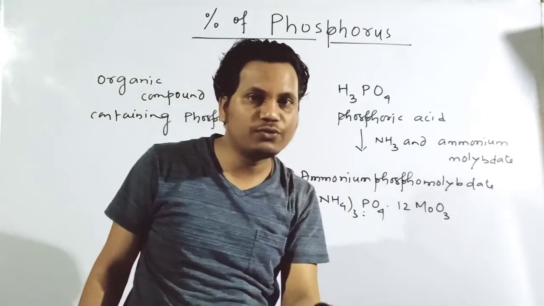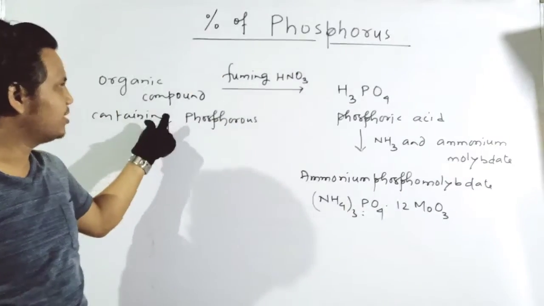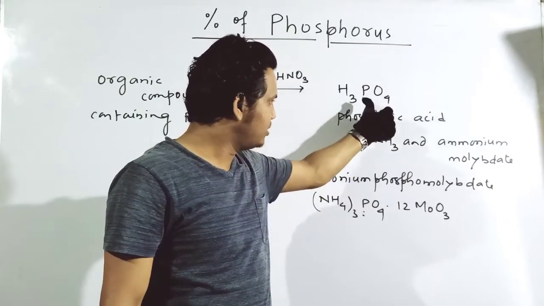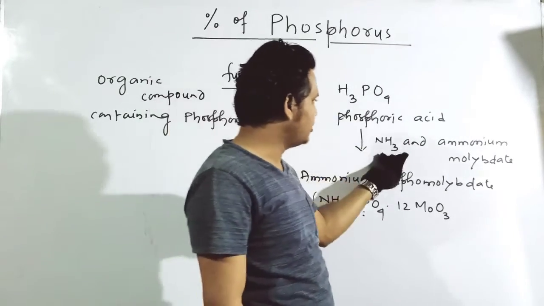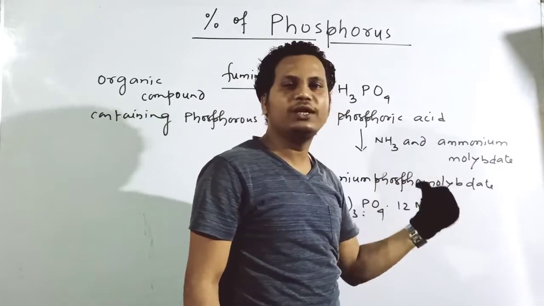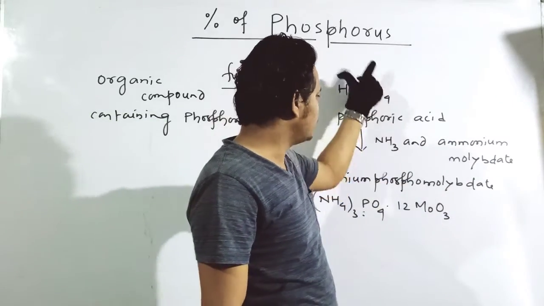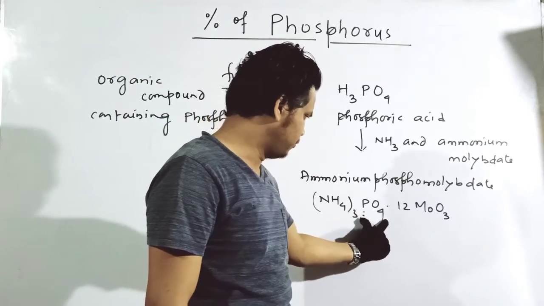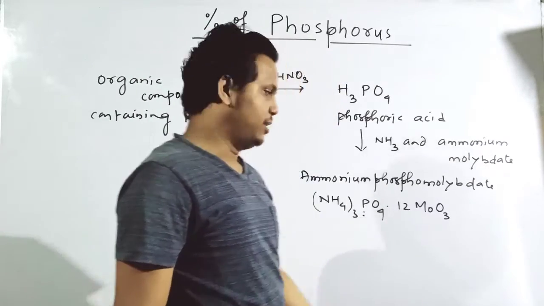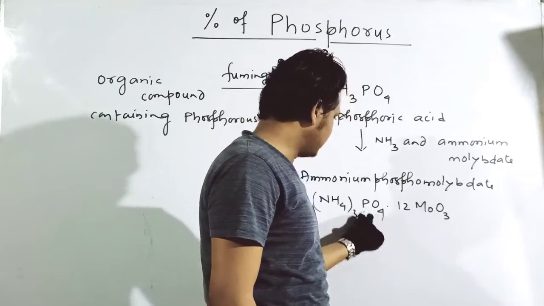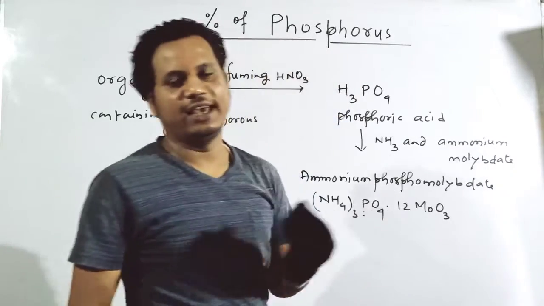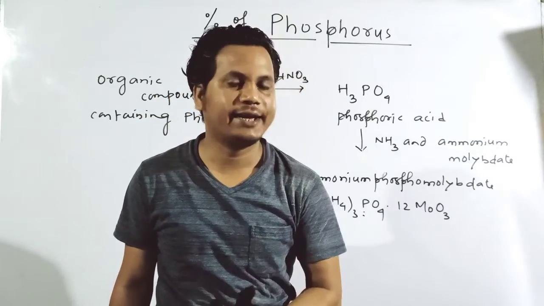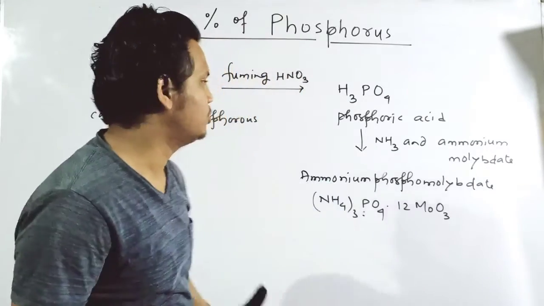Then the phosphorus present in the compound is oxidized to phosphoric acid. Again this phosphoric acid is treated with ammonia and ammonium molybdate. Then phosphoric acid is converted to ammonium phosphomolybdate. Now this compound will give us the mass of phosphorus, and if we get the mass of phosphorus, then we can easily find the percentage of phosphorus.